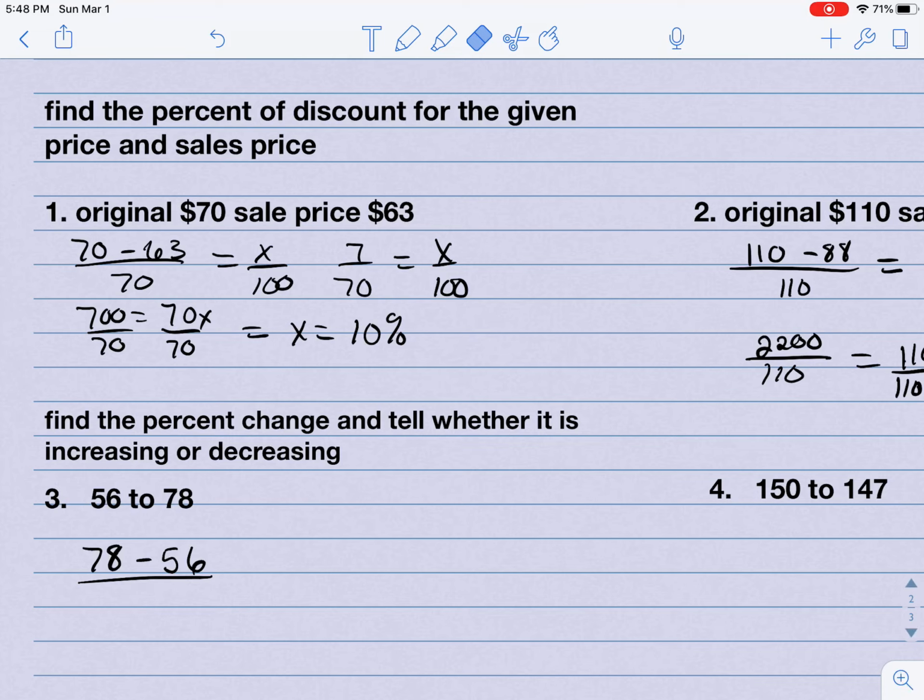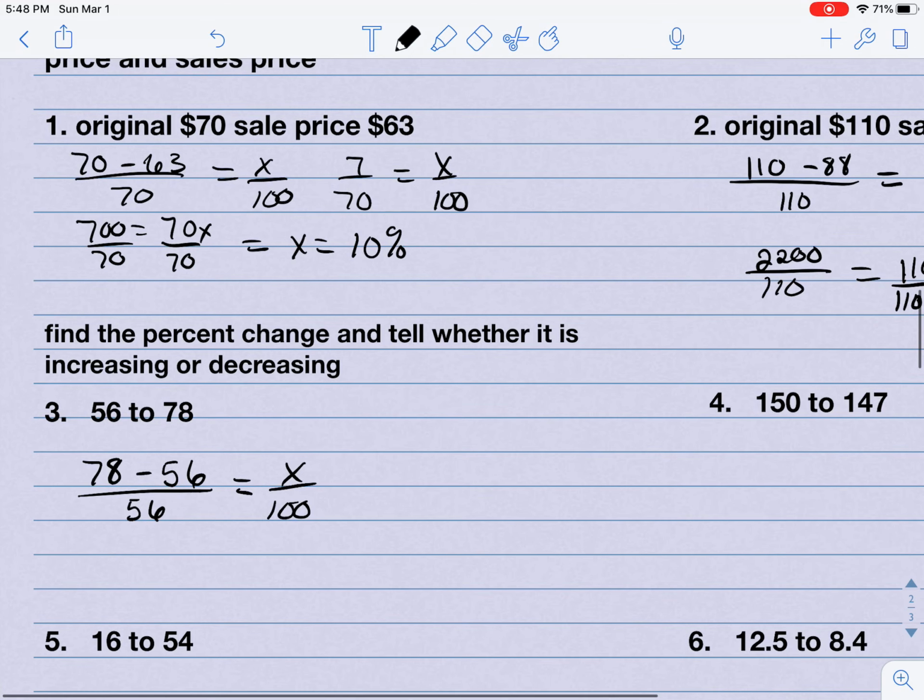Except what I did is I put it over the new price, not the original. It's equal to x over 100. Okay, and then so 78 minus 56 is going to be 22 over 56 equal to x over 100.